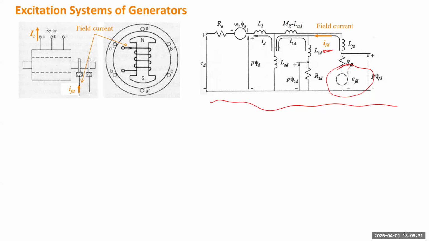source. So later in our circuit, you can model that either by the capital EQ for static condition, or maybe E single prime or E double prime for the transient or subtransient dynamics. But they all depend on the field current.